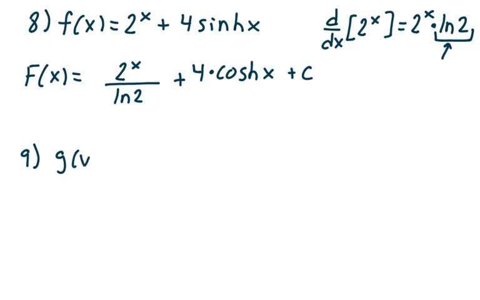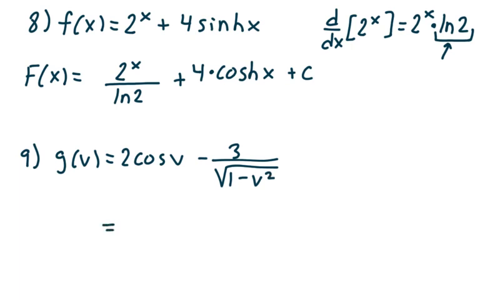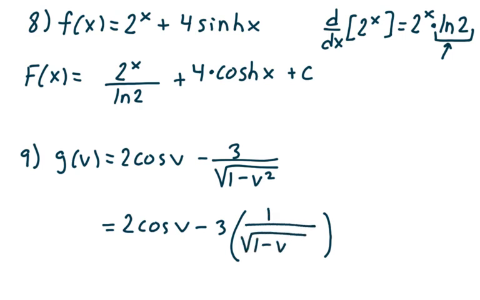Suppose g(v) = 2 cos v − 3/√(1 − v²). If you don't mind, I'm going to write this as 2 cos v − 3 times 1 over the square root of 1 − v².